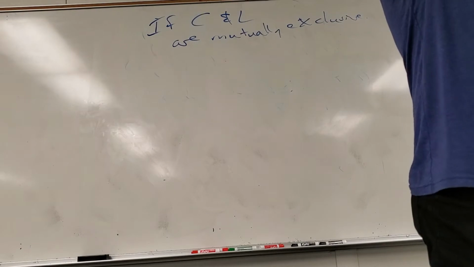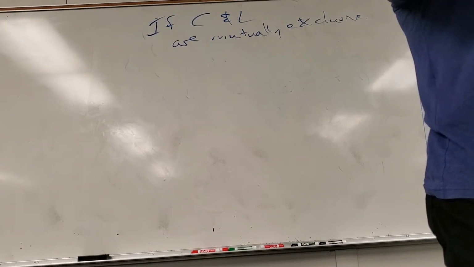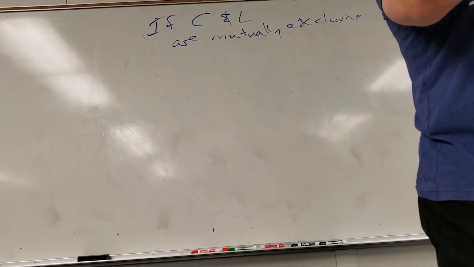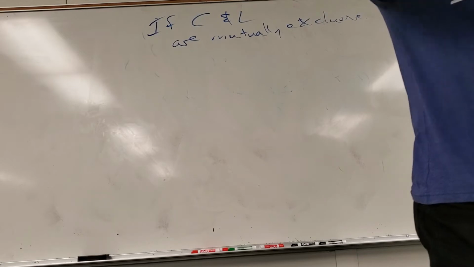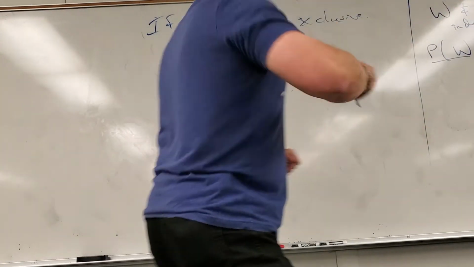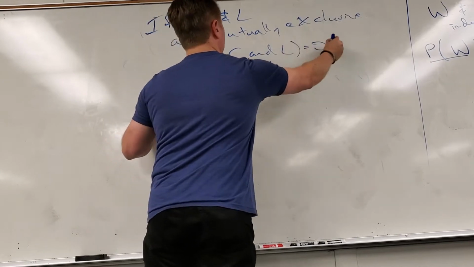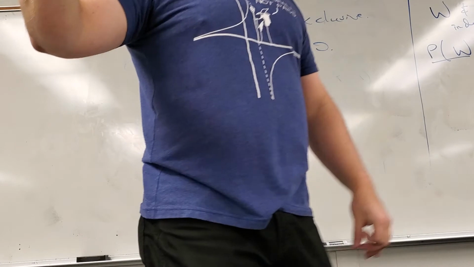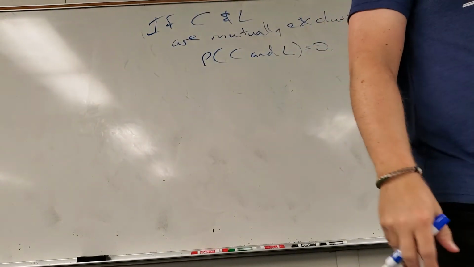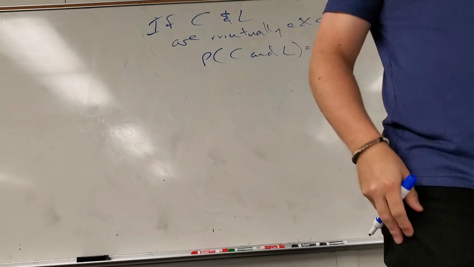If they're mutually exclusive, one can't also be the other. So the probability that you are one and the other is 0. That's what mutually exclusive means. You can't be both. So if I ask you, are this and this mutually exclusive, you just look at what the and is. Is the and 0? They are. Is the and not 0? They aren't.